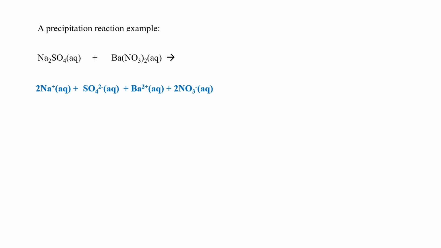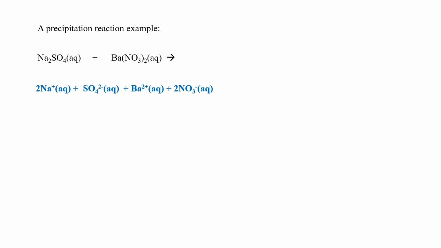When we look at the remaining two, the barium and the sulfate, you might think that those also can't make an insoluble substance until you look closer, because although most sulfates are soluble, there are exceptions to that rule, and barium is one of the exceptions. We expect barium sulfate to be insoluble.